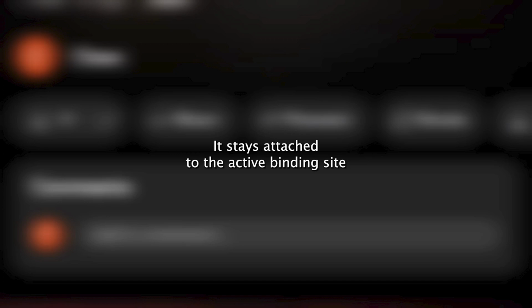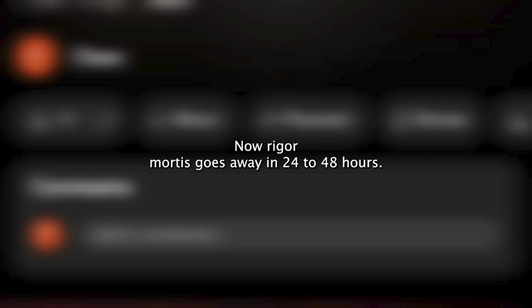It can't disconnect from this state. It stays attached to the actin binding site, and it produces stiffness, rigor mortis. Now, rigor mortis goes away in 24 to 48 hours, so it's not a permanent condition.